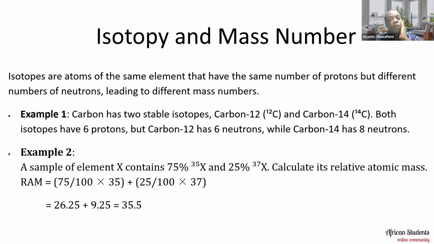And we now worked on how to calculate relative atomic mass when you're dealing with 2 different isotopes with different percentage abundance. Okay, so we did that. I showed how to do that calculation, a very simple calculation. Okay, and I said you should try your hands on many others, as you see in past questions, in JAM past questions, that you can lay your hands on, following the same method.